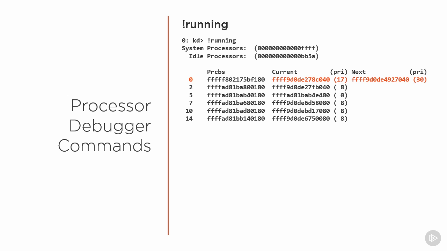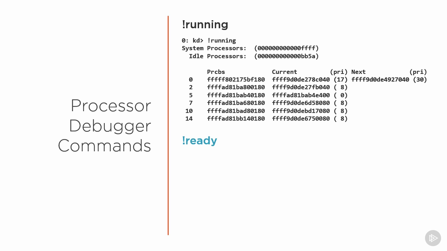You then see the remaining processors that are running, namely processor 2, 5, 7, 10, and 14, and they have their own threads that are running. So in this example, out of a total of 16 CPUs, only about 6 of them are actually running non-idle threads, which means we have at least 50% of our CPUs that are free.